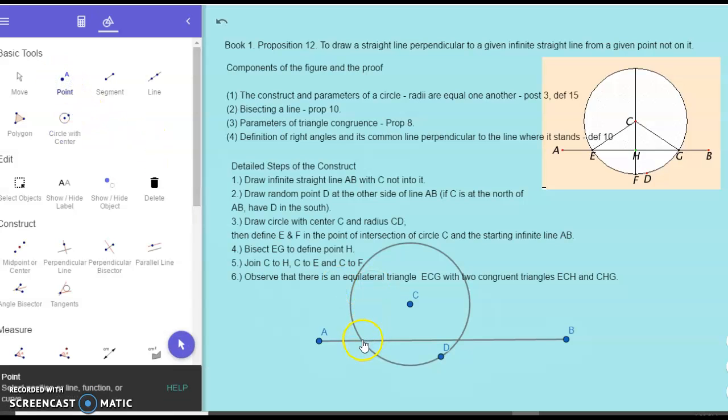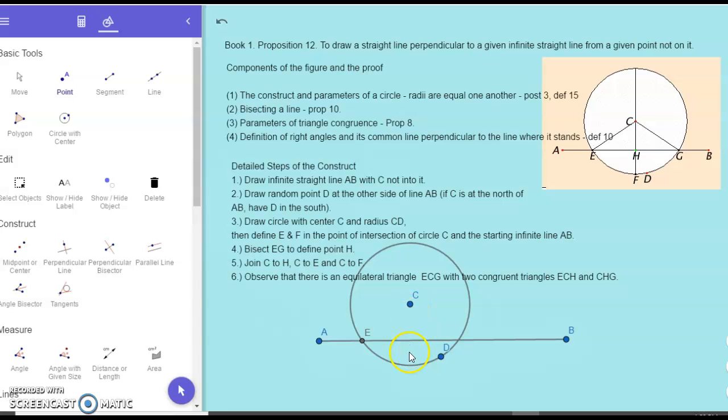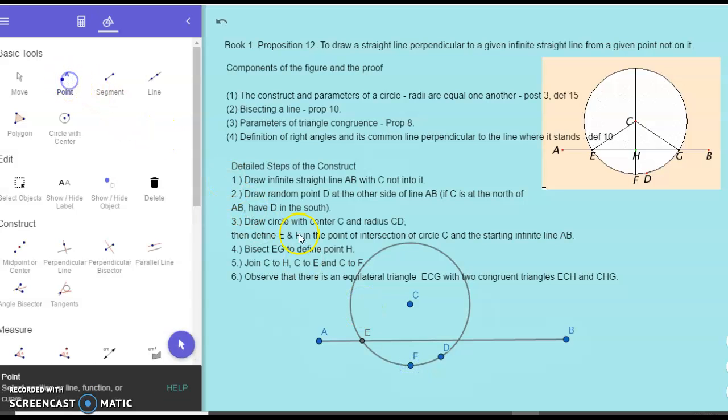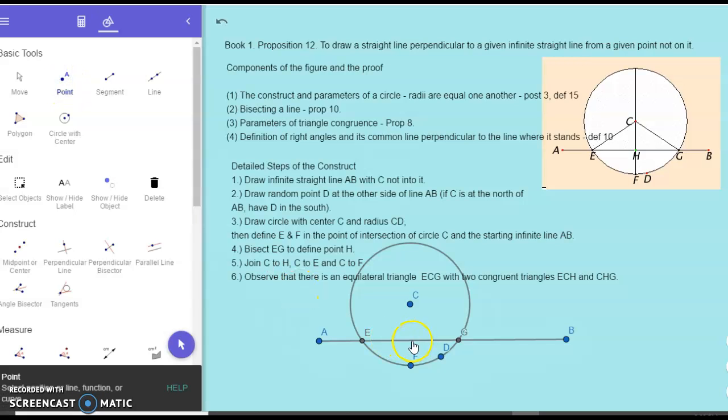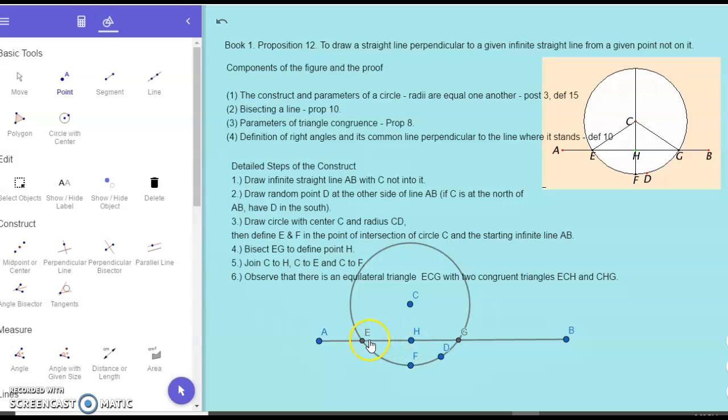The first intersection, point E, and then we'll have F aligned to point C. And we'll have another point of intersection for circle C and line AB, point G. And now we are going to bisect first line EG to define point H. Point H will be at the middle of EG, and H will divide EG into two equal line segments.